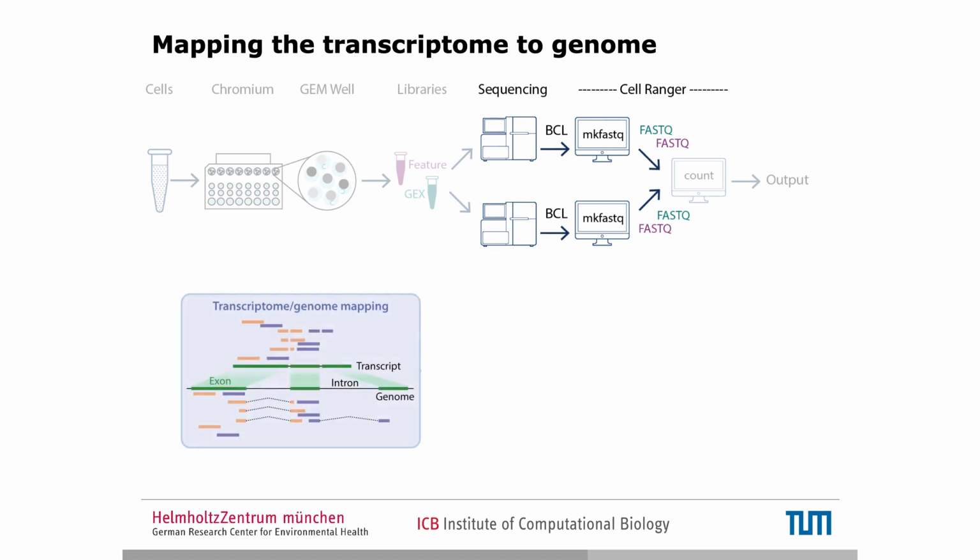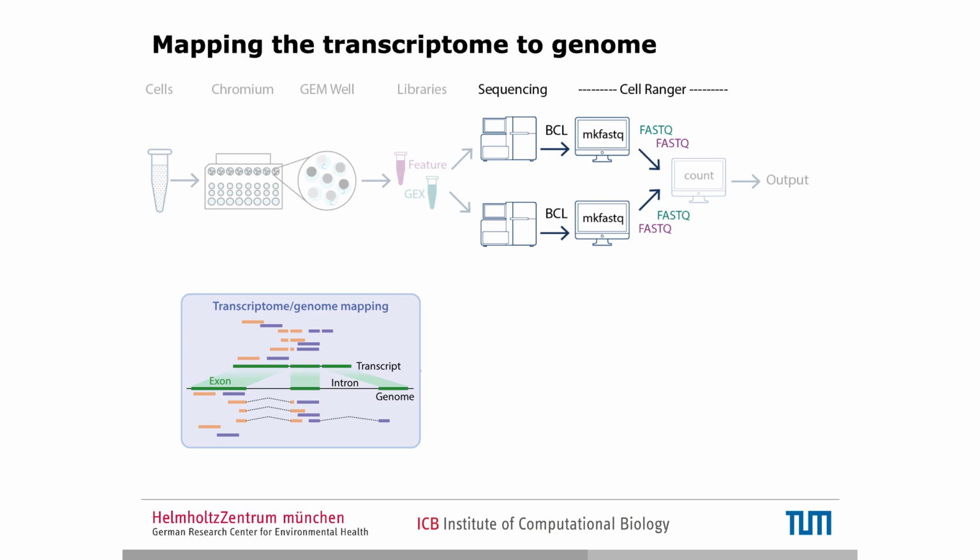All right, what is this mapping process? When you have your transcripts or your cDNA molecules, you would like to know to which gene they are actually assigned. So which part of the genome is actually represented by your transcript. And this is the so-called mapping process.